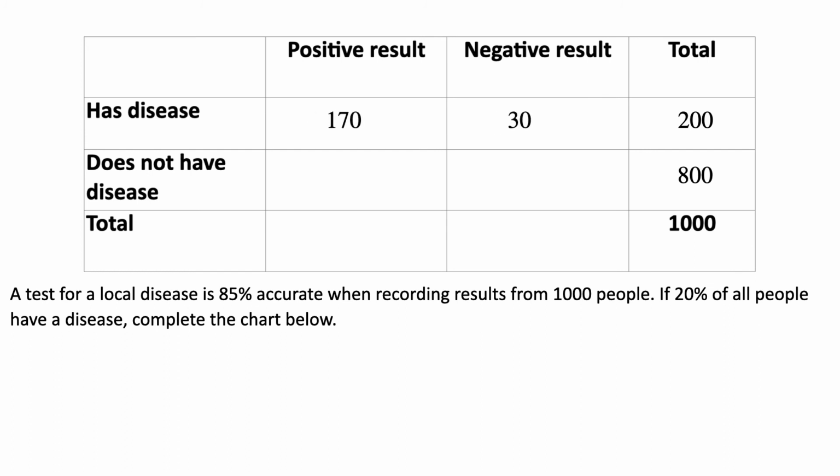Okay, we'll do the same for does not have the disease, but the other way around. So 15% of the 800 will go with testing positive since these people don't actually have the disease. 85% of the 800 will go with negative. And then for the totals, we can just add them.